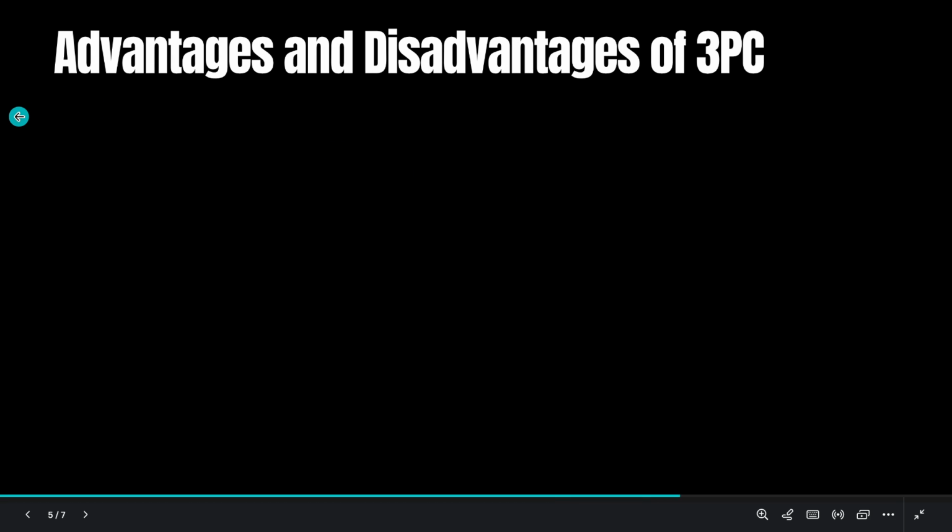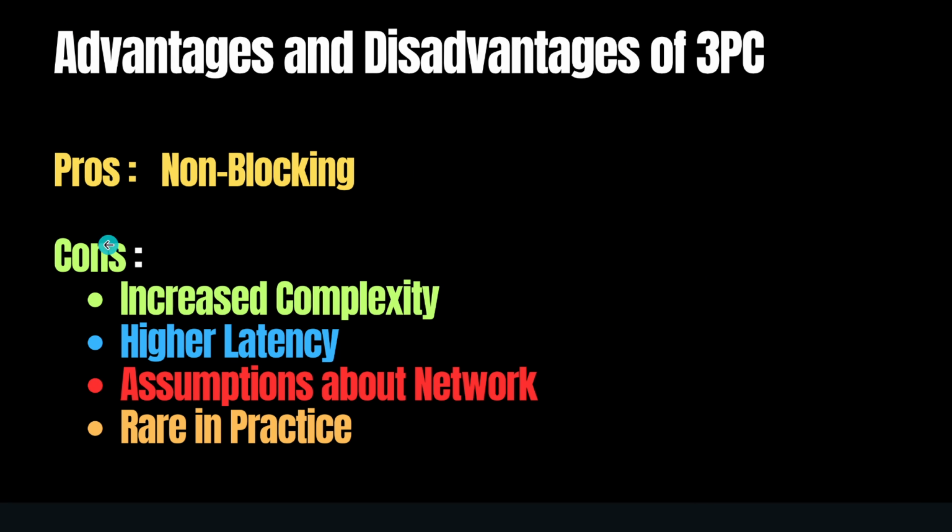Okay, let's try to understand the advantages of this type of pattern. While 3PC attempts to solve 2PC's blocking problem, it introduces its own set of trade-offs. The pro, which is quite obvious, is that it is non-blocking in some failure scenarios.